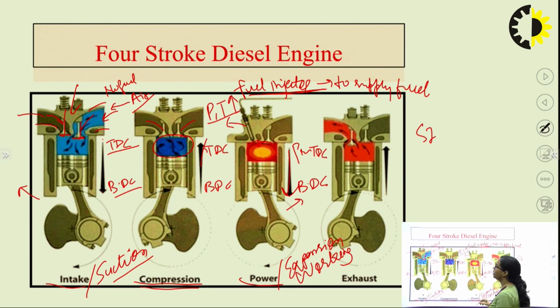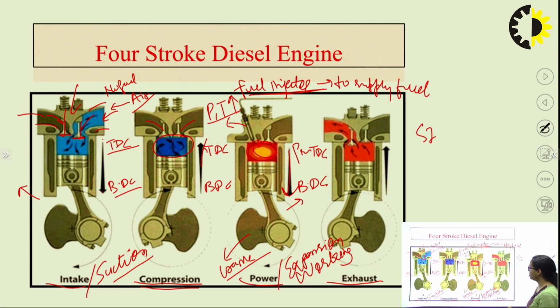This reciprocating motion of the piston is transferred to the crank and converted into rotary motion of the crank. So this is our power stroke, because the high impulse and thrust produced by this burning of fuel and air is supplied to the piston.